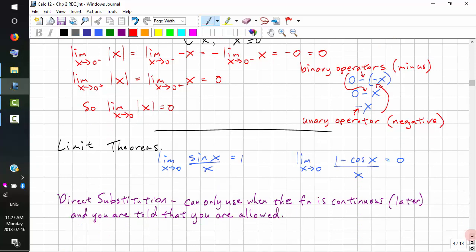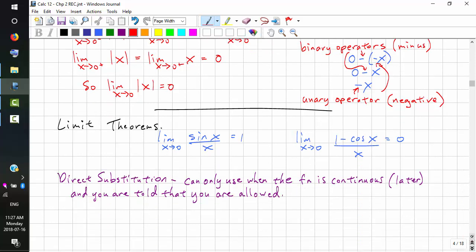Okay, limit theorems. These limit theorems will help you solve some of your homework problems. We're not proving these at this point. Proof will come later. But the limit as x approaches 0 of sine x over x is equal to 1. The limit as x approaches 0 of 1 minus cos x over x equals 0.